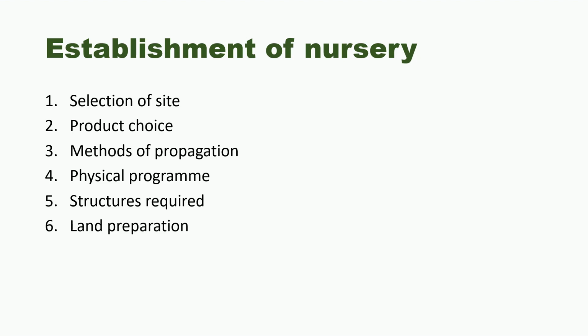We will be discussing the structures and land preparation, what land preparation we should follow for the nursery, and what areas we should divide for the nursery, in this video.